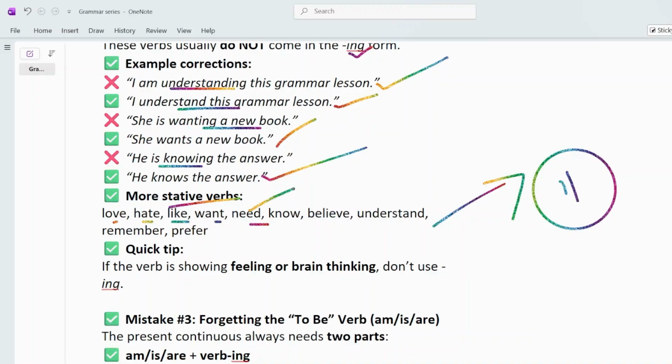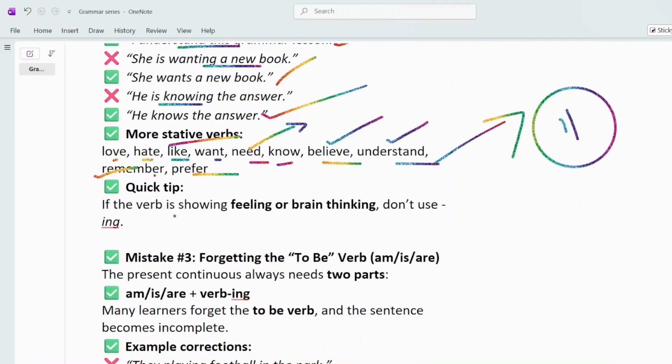You can't say needing, it even sounds funny. Know, believe, understand, remember, prefer. However, you can use understanding, remembering, and believing in the ing form, but the sentence format changes. Great, let's look at a quick tip. If the verb is showing a feeling or a brain thinking, do not use the ing form. I hope you can remember this.